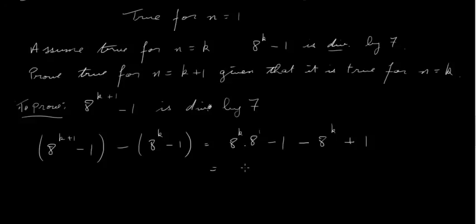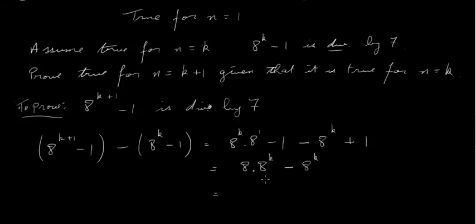So this will give me 8 times 8 to the power of k. I've just switched these two around. Minus 1 plus 1, that'll give me 0, and here I end up with minus 8 to the power of k.